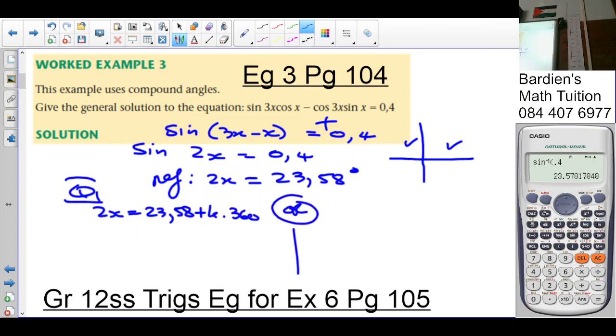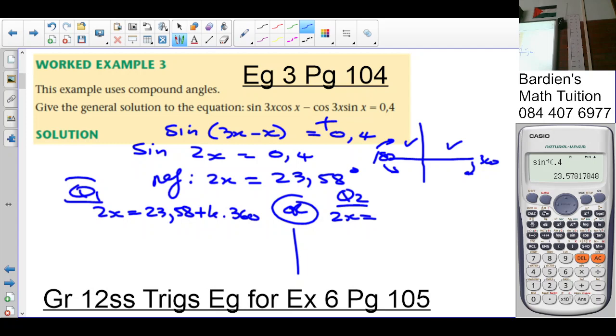For quadrant 2, how do we get in quadrant 2? 2x is equal to 180 minus. In that quadrant, it's 180 minus, 180 plus, or 360 minus. Okay? We never use 90 plus or minus.